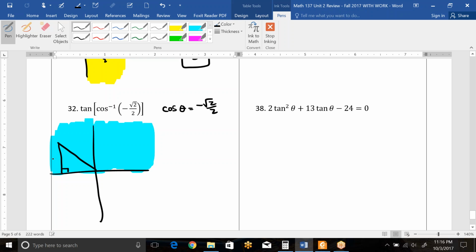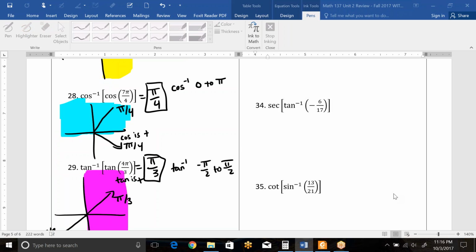Negative square root of 2 over 2 over 1, which means this is also square root of 2 over 2. So that's the 45, 45, 90. But again, all we care about is what is tan of that now theta. So that would be square root of 2 over 2 over negative square root of 2 over 2. So this is negative 1.